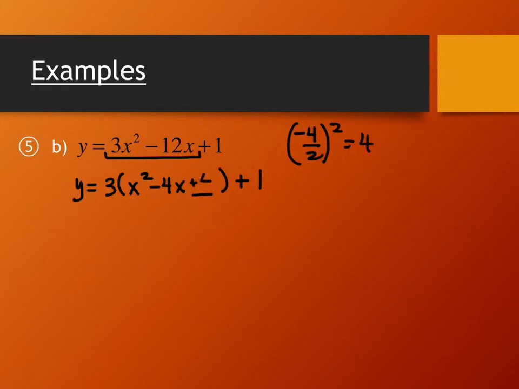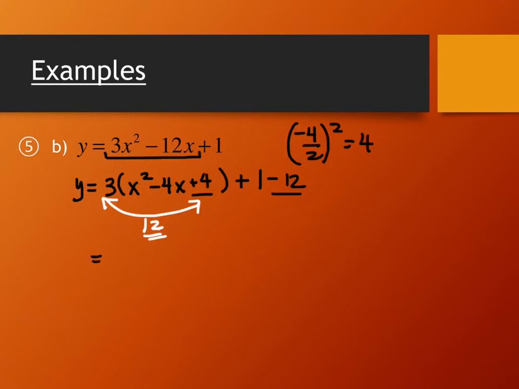So we're going to do plus 4 here. Now, we didn't really add 4 to the equation. We added 4 times 3, right? We really added 12. And if I added 12, I compensate by subtracting 12. That's the weirdness of this particular one, to remember that you didn't really add 4. You really added 3 times 4, which is 12.